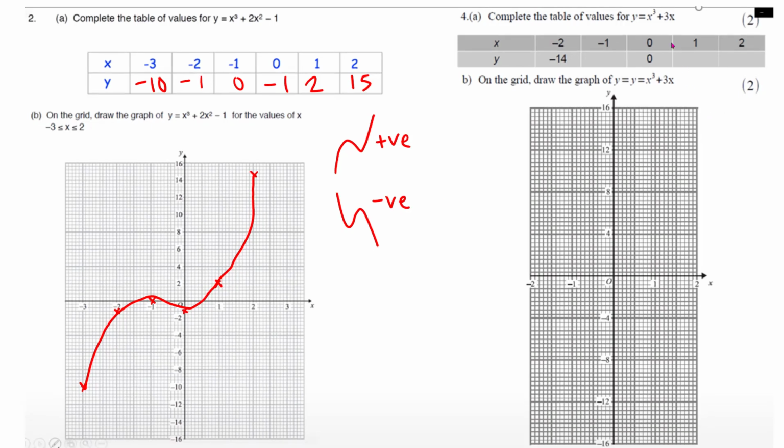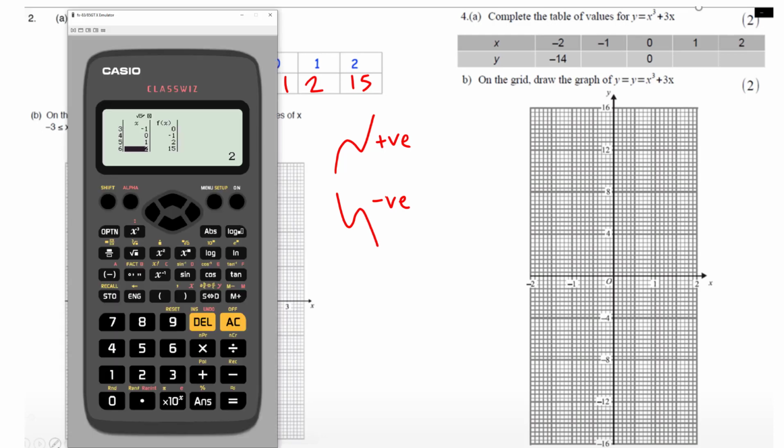Okay, so let's do this question with the calculator. Question 4. So let's just clear that. So go to menu, press 3 or select equals and 3, but just press 3 is fine. So you get f of x.